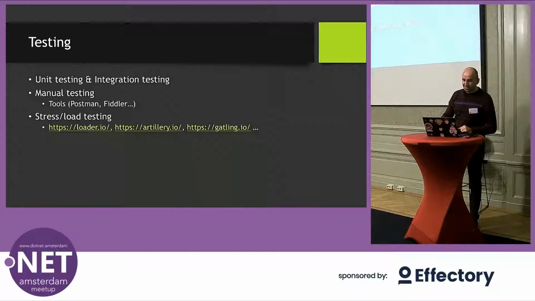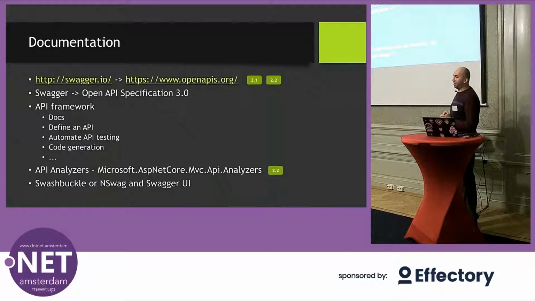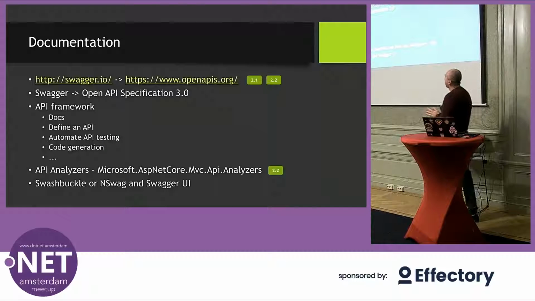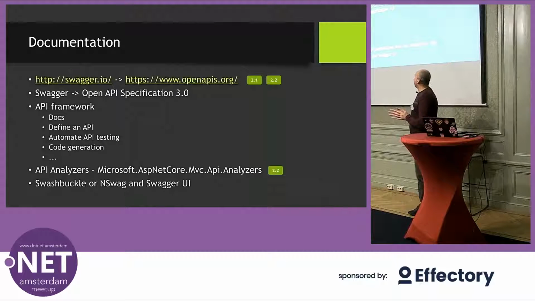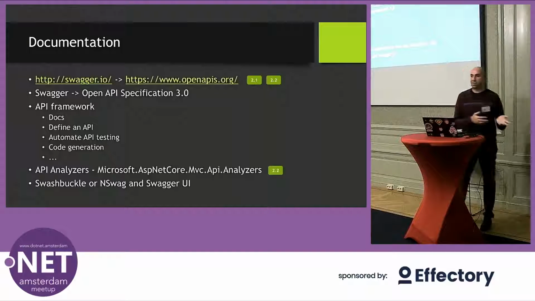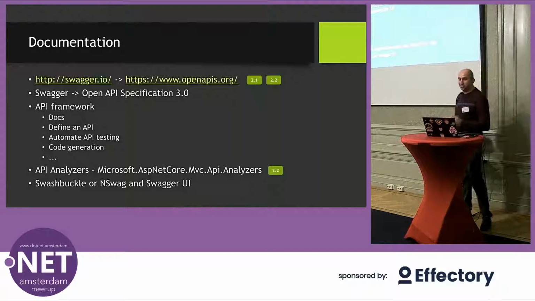And yeah, now what every developer loves to do, to write documentation. So for documentation, you'll mostly use Swagger. Swagger is not just for that. It's actually an API framework. You can do a lot of things with it.